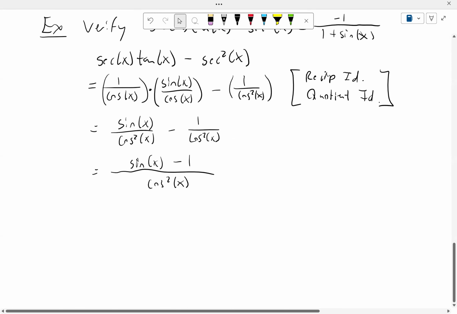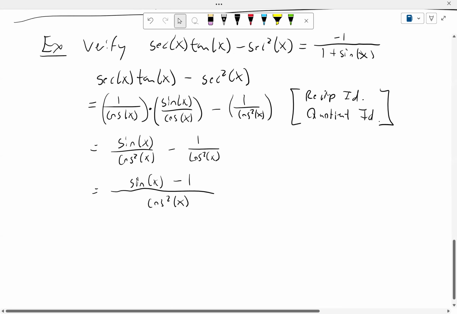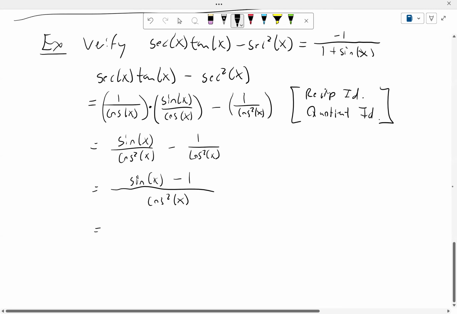Now looking at this, where do I go from here? I have sine of x minus 1 over cosine squared of x, and nothing's really canceling off. It doesn't really look like the right-hand side of the equation yet. So what can I do? Well, I have a cosine squared of x in the denominator, so maybe I can use my Pythagorean identity again.